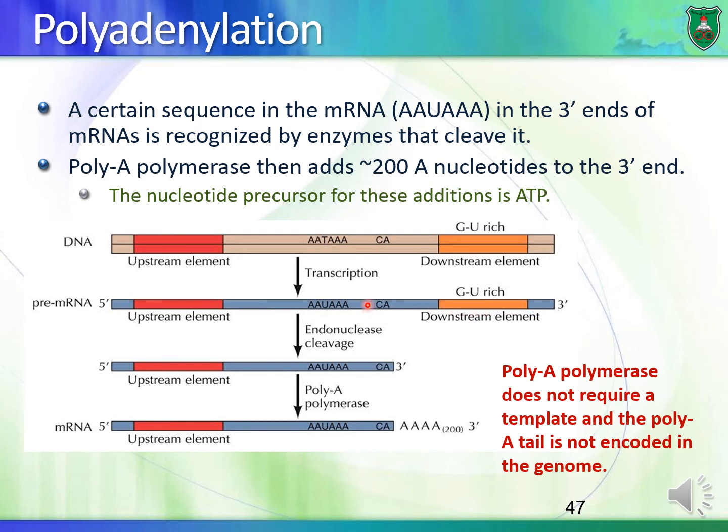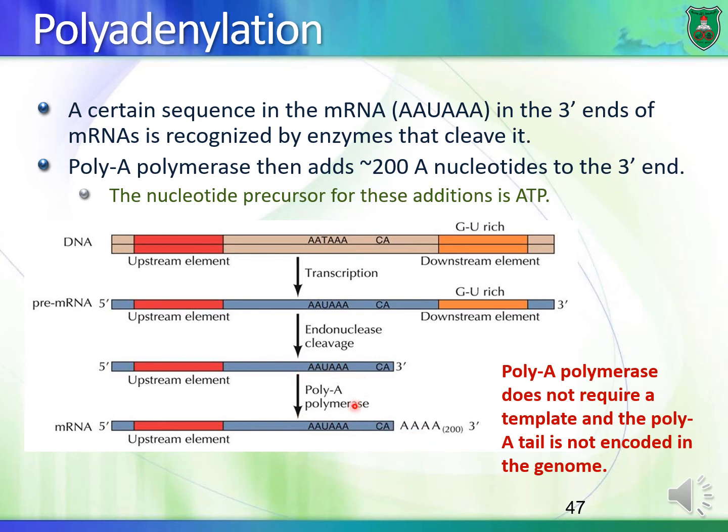You have the polyadenylation proteins that recognize these sequences, and what they do is that they make a cut, and that would terminate transcription. And this is followed by the addition of a poly-A tail by an enzyme known as poly-A polymerase. And you have 200 A's added to the 3' end.